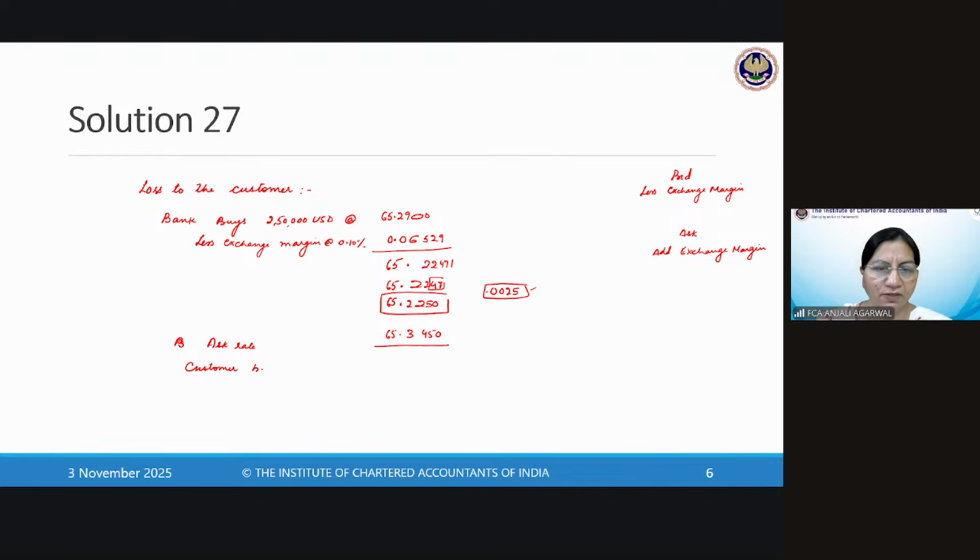The customer bears the loss per dollar. 65.2250 minus 65.3450. The loss is 0.12 multiplied by $250,000. So the loss to the customer would be 30,000 rupees.